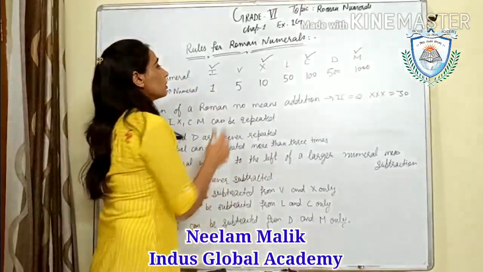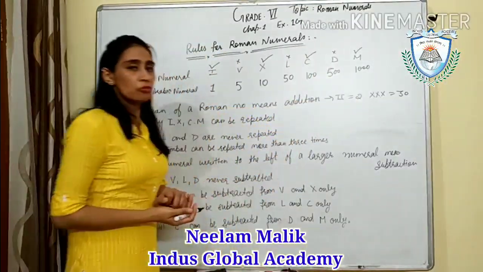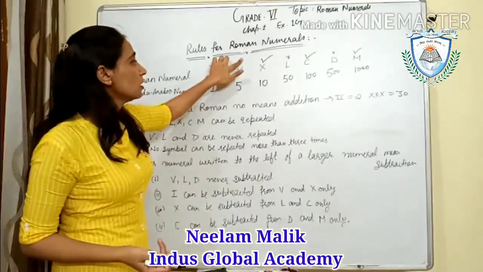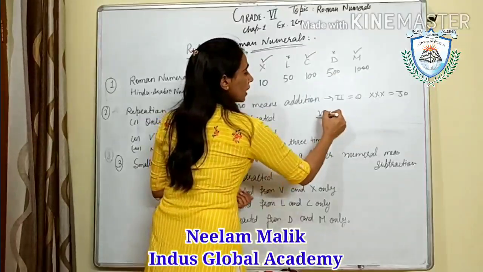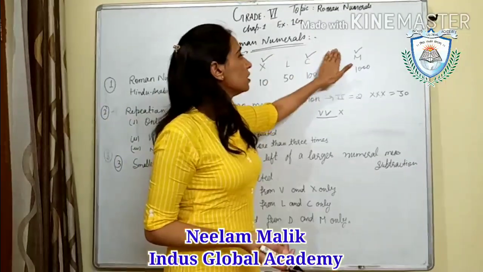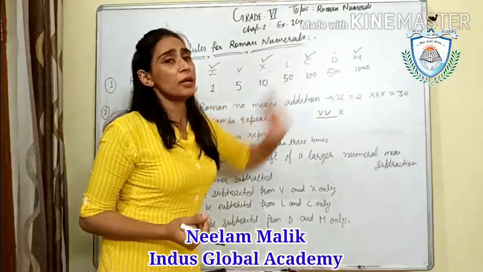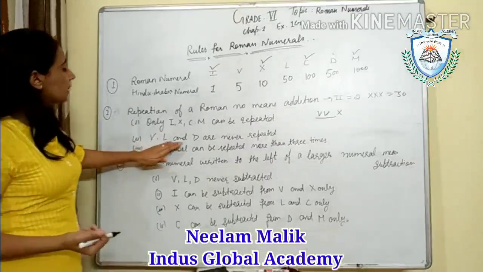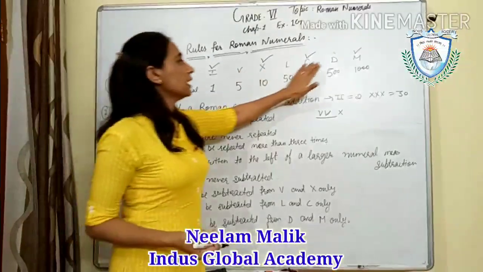We will not repeat the other symbols. We will use them, but not in repetition. We will never write something like VV. It is wrong. So we will just repeat these 4: I, X, C and M. V, L and D are never repeated.